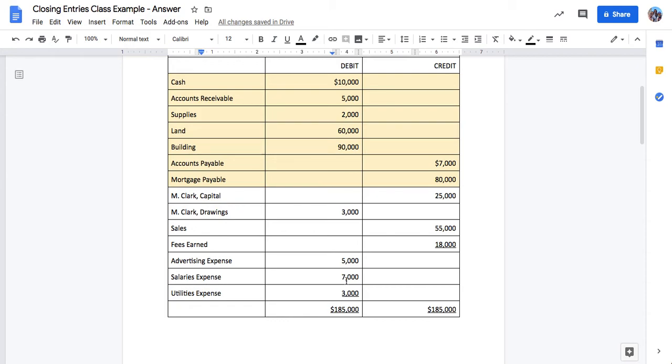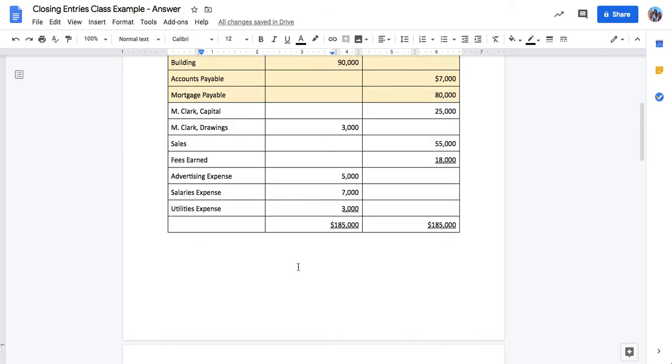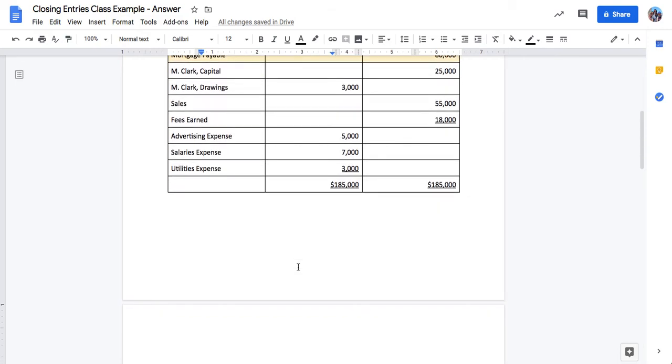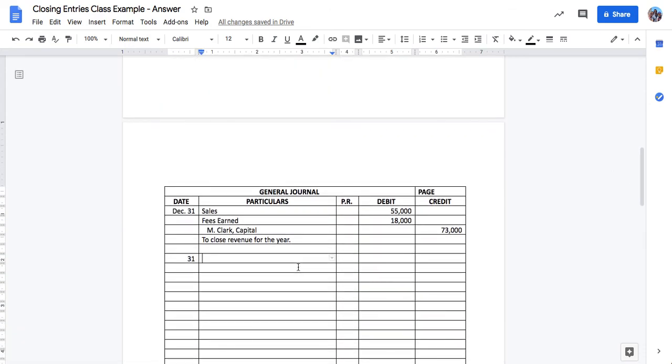To close them, to make them zero, we have to credit them the same amount. So I've got ads, salary, and utilities. Because I'm going to credit them, I have to put capital first, because I always put my debits first. So it's M. Clark Capital. And I don't know what I'm going to do in the balance yet because I need to add it all up.